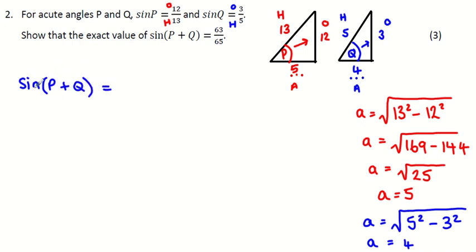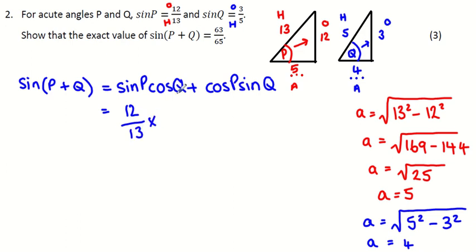So the addition formula for sine would be sine cos, same sine, cos sine. So we were given sine P in the question, opposite over hypotenuse. So we can substitute that in straight away.